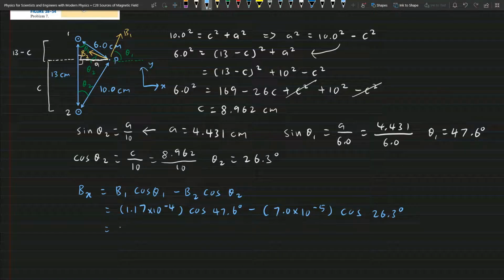I get 1.614 times 10 to the negative 5 Tesla.